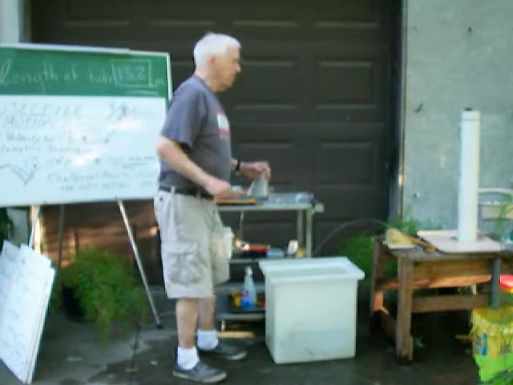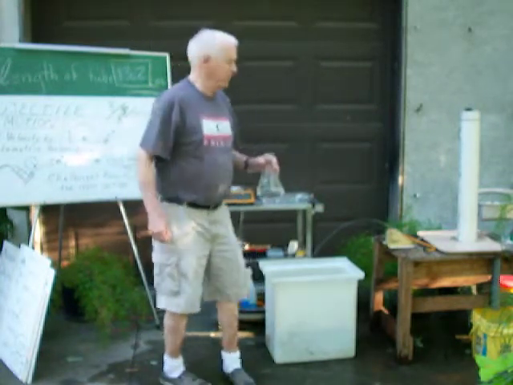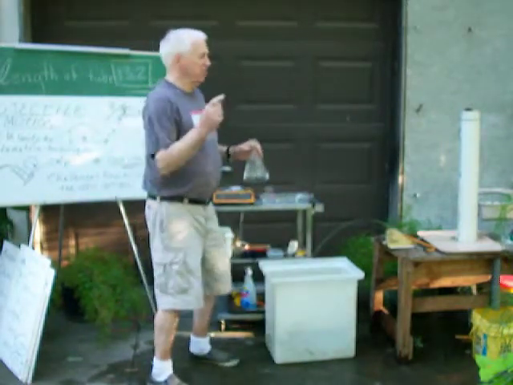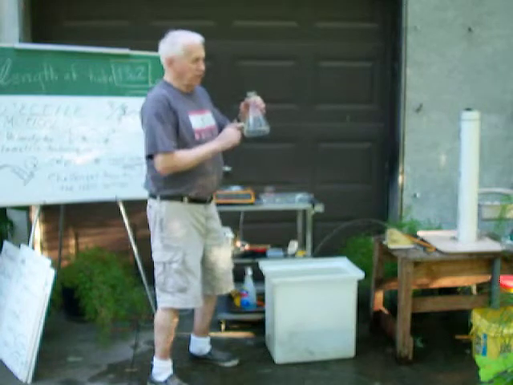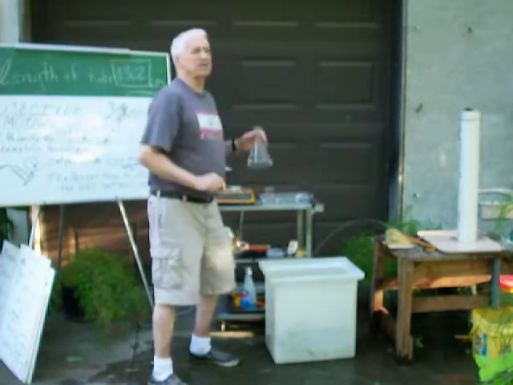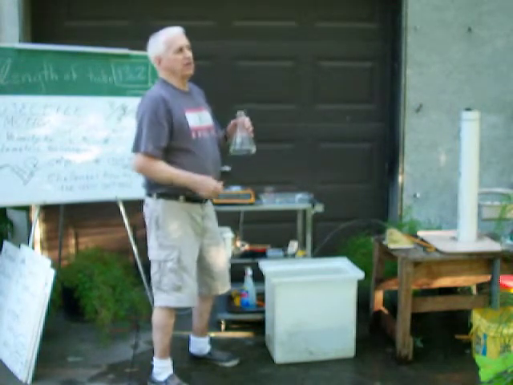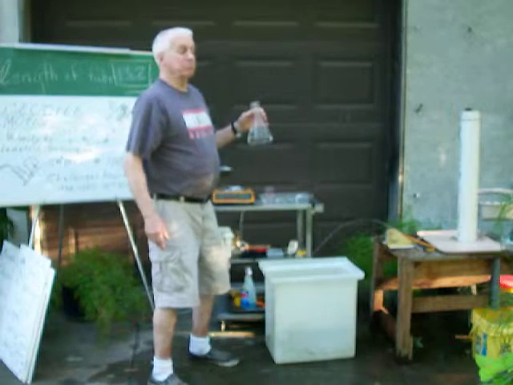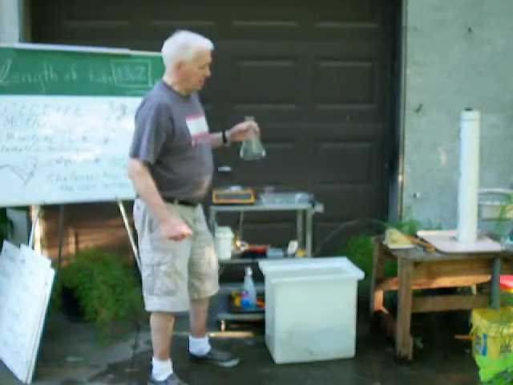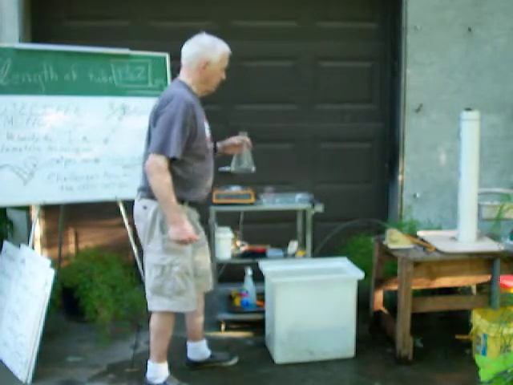After I find the collection rate, if I have the cross-sectional area of the tube, I will simply divide that cubic centimeters per second by the number of square centimeters of cross-sectional area. That division will give me centimeters per second. It'll give me the speed of the water coming out of the tube. So that's the first method I'm going to demonstrate.